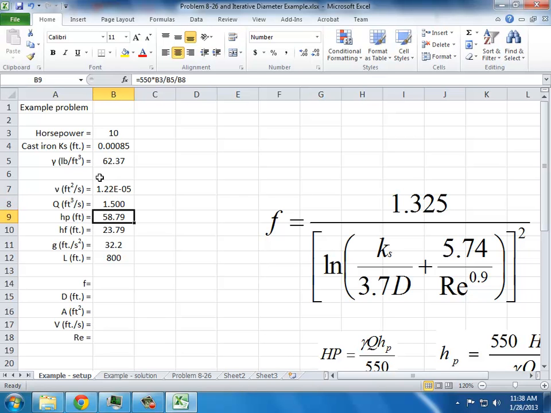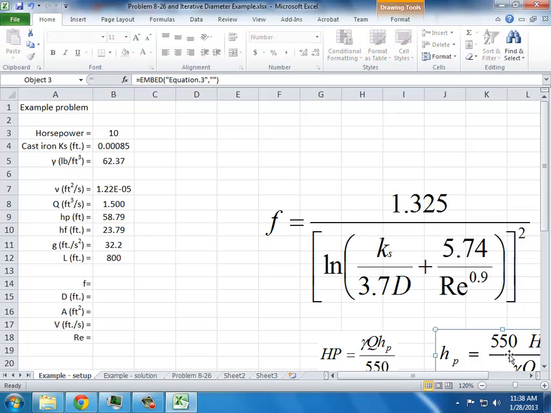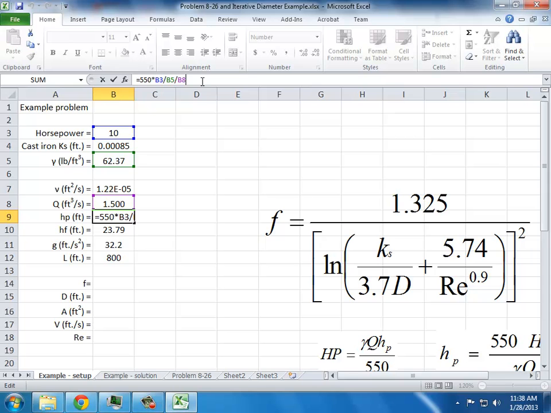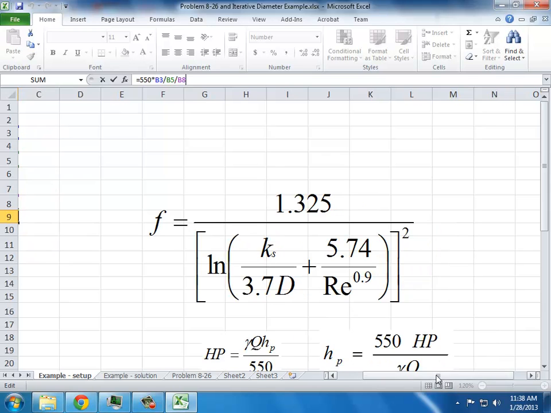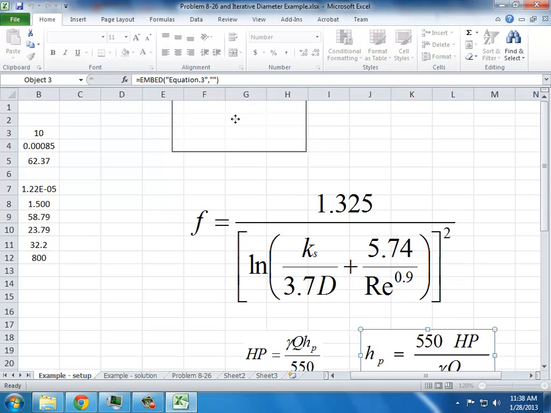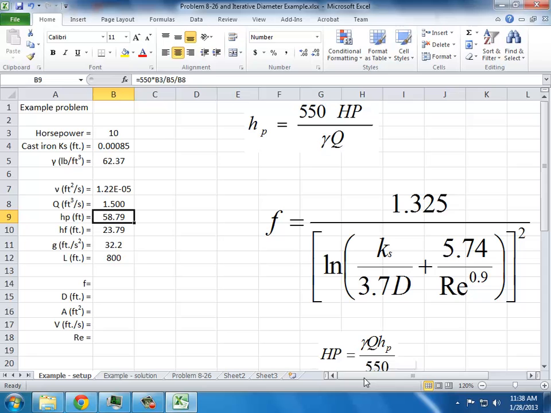Okay, so first of all, to find the pump head that's added, we just use this formula here to solve for H sub P. So it's 550 times the horsepower divided by the unit weight of water divided by Q. So you can see that I'm once again using that double divided by thing rather than parentheses.